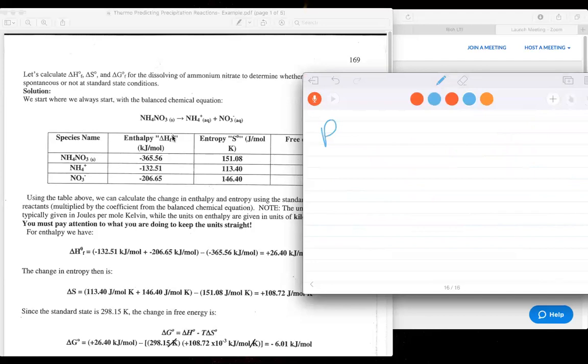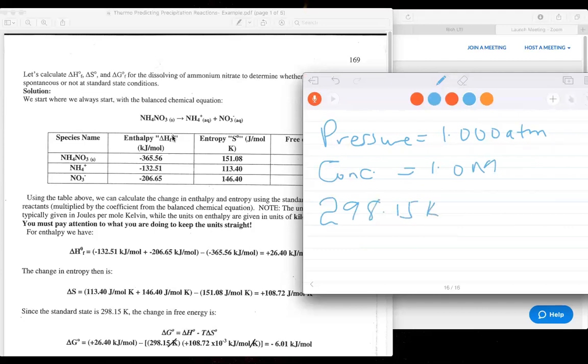the pressure equals 1.000 atm, the concentration or molarity should be 1.0 molar, and the temperature should be 298.15 Kelvin. If we set the parameters to these values, then we are working at standard state.